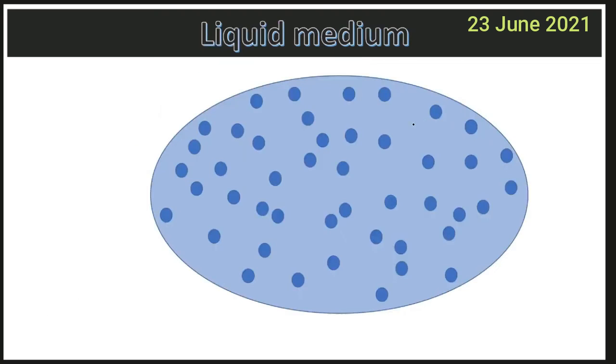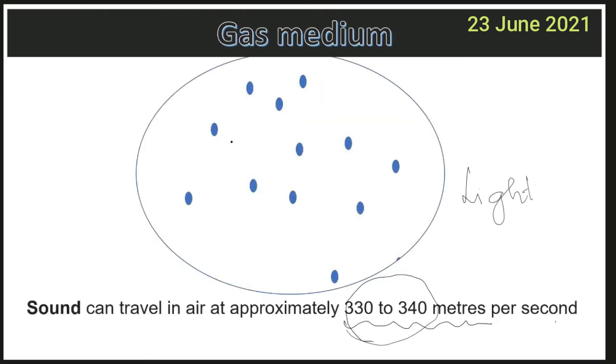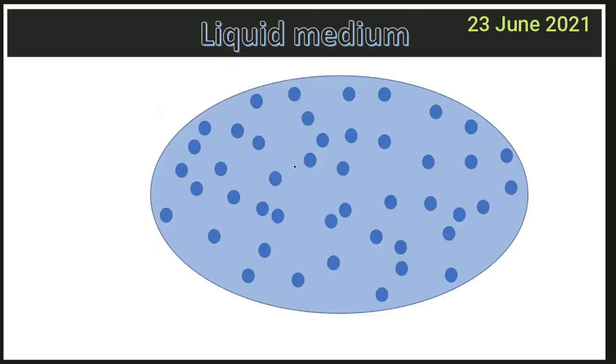In the liquid medium, particles are a bit closer. We can imagine that. You can see here the distance between them is a bit more, and therefore energy transfer takes place a little late, whereas comparatively here they are closer, right? They are closer, the distance is less. Now can you tell me what will be the speed of sound in liquid?